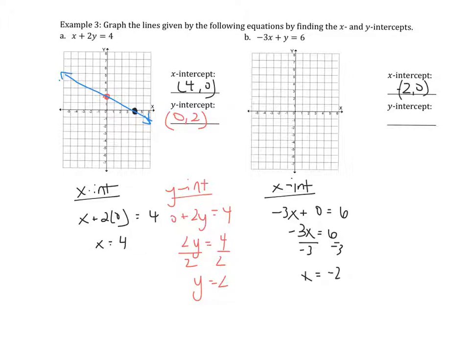So we can plot that on the x-axis. Our y-intercept, remember we let x be 0. So it makes our x term disappear, so we have y equals 6. We're going to plot that on the y-axis. We have our 2 points, so now we can connect them and form a line.